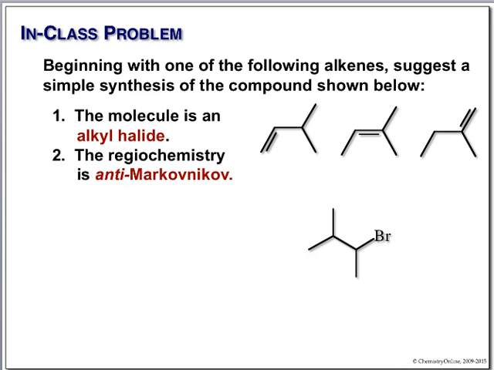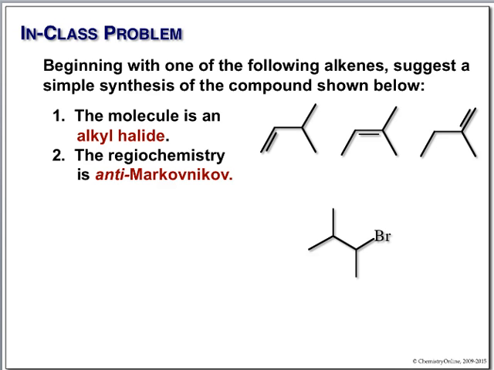Pick an alkene and put in your reaction conditions. We must pick an alkene where we can put the bromine here on our secondary carbon.